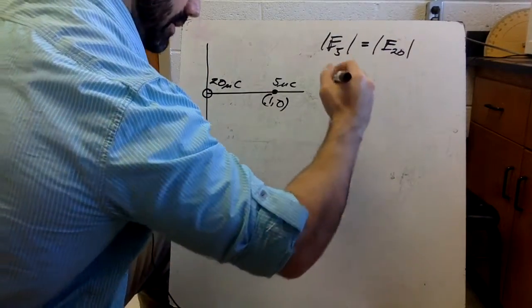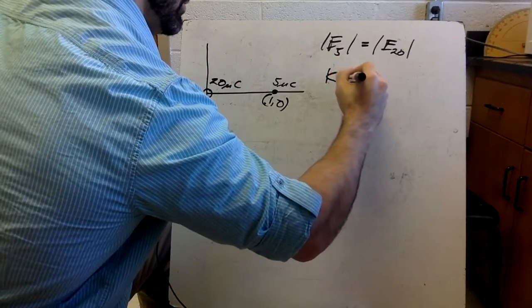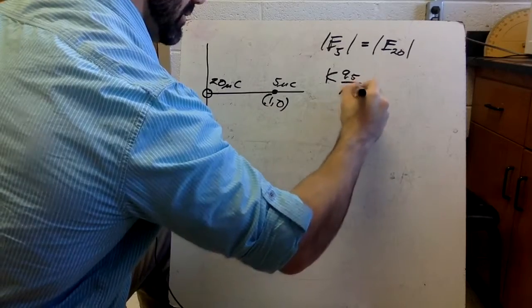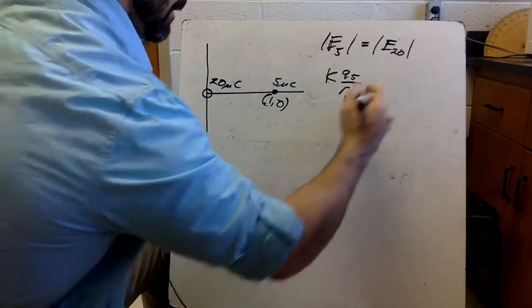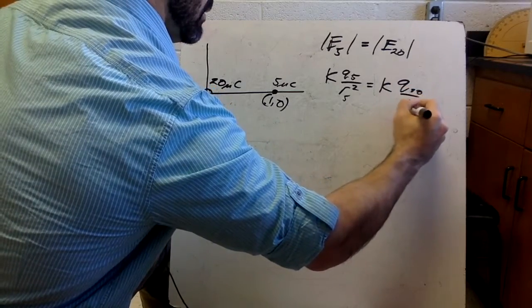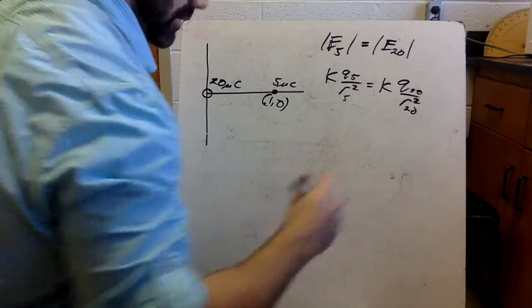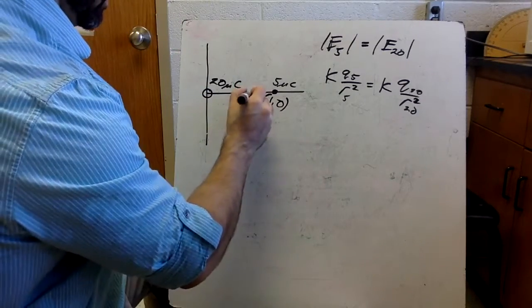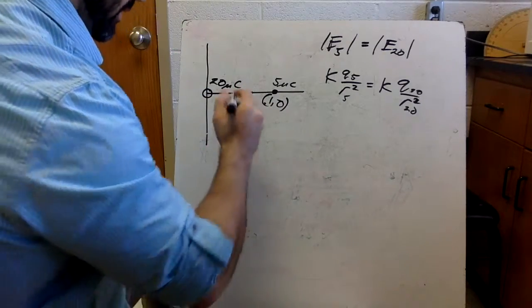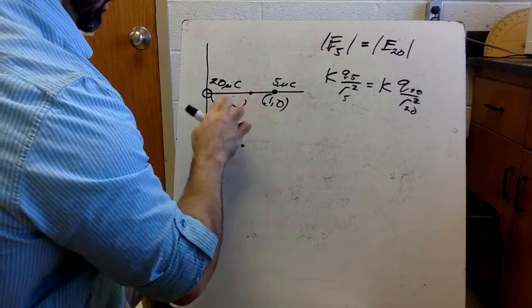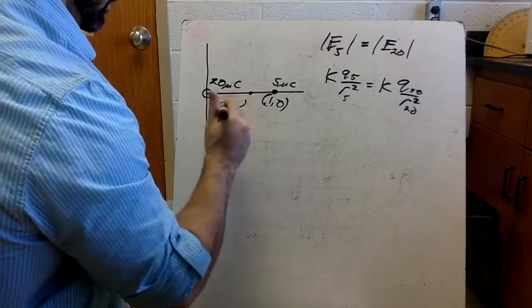So this is going to be kq of the 5 over r5 squared, and that's going to be kq of the 20 over r of the 20 squared. Right. Okay, so now where am I going to put this? Let's put it in here, and let's call this distance x. The distance from here to here, we'll make that x.